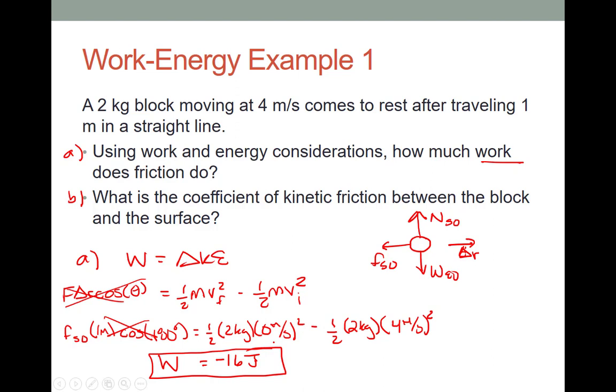Okay, for part B. Part B is where we need that piece that I just erased. So we know the work that friction does is -16 joules. And as we just investigated, the force of friction on the object times delta r times the cosine of 180 degrees has to equal -16 joules.